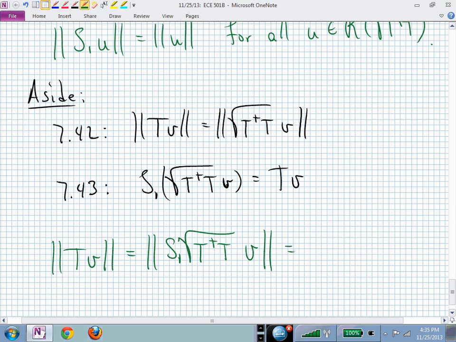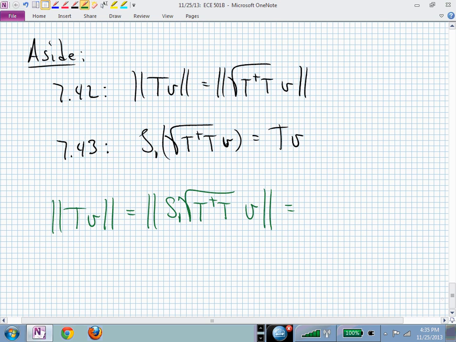But by the definition, or by 742, this is now the norm of, we have TV is equal to this. So now we can put that over here, and we've squeezed this in between the two.